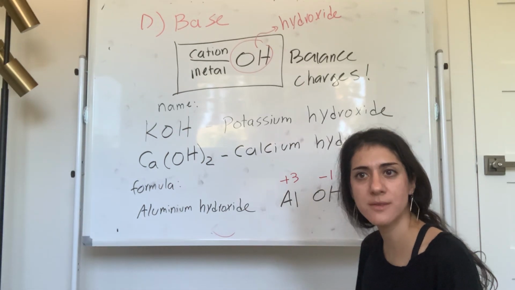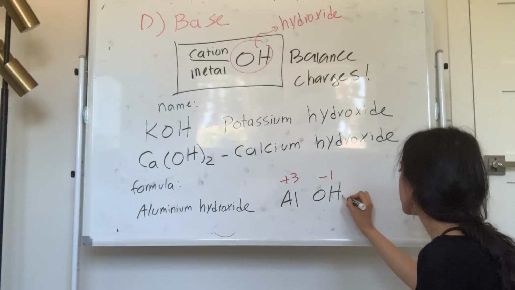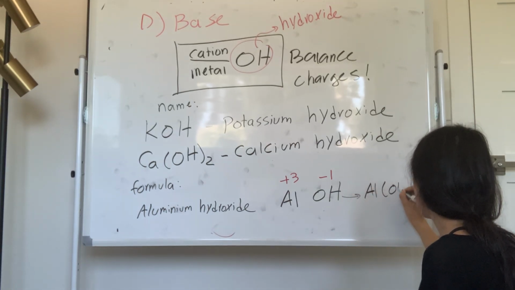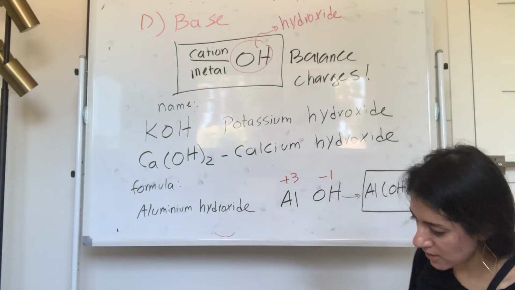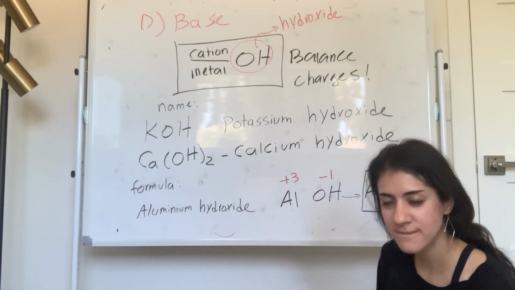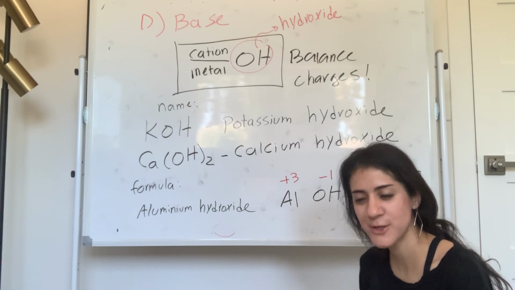So it's +3 and -1. What are you going to do? You're going to balance the charges. If you balance the charges, you get AlOH3, aluminum hydroxide. Sounds good? Okay, aluminum hydroxide.